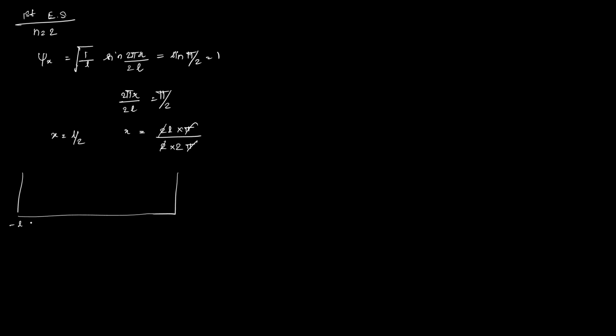So minus L, L. Okay, and this is going to be 0. So this is going to be L by 2. Okay, so let's say this is going to be minus L by 2 because it's in the negative direction, and this is going to be L by 2. So L by 2 we know that it's going to have a maximum value. Since it's negative, I'll put it like this. So the wave function plot is going to be something like this.